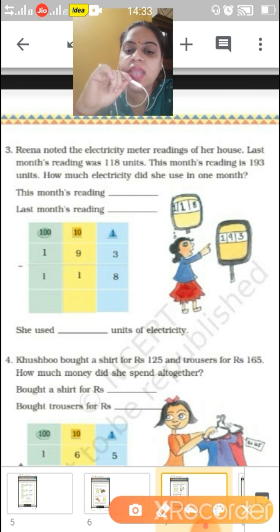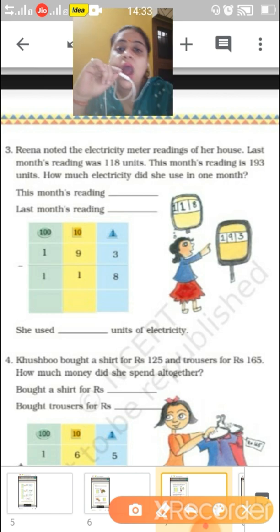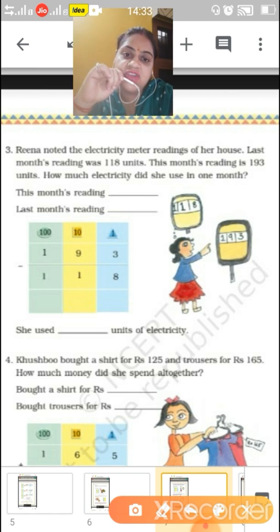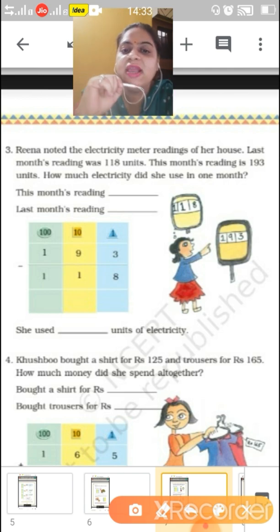Reena noted the electricity meter reading of her house. Last month's reading was 118 units. This month's reading is 193 units. How much electricity did she use in 1 month? So children, can you tell? 193 minus 118, what will we get?